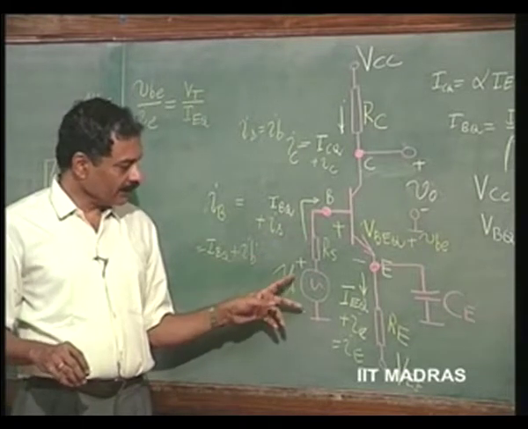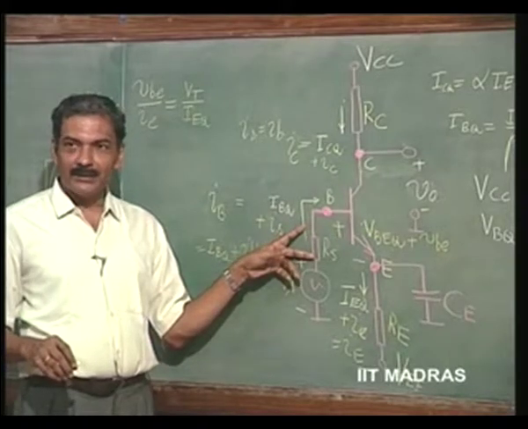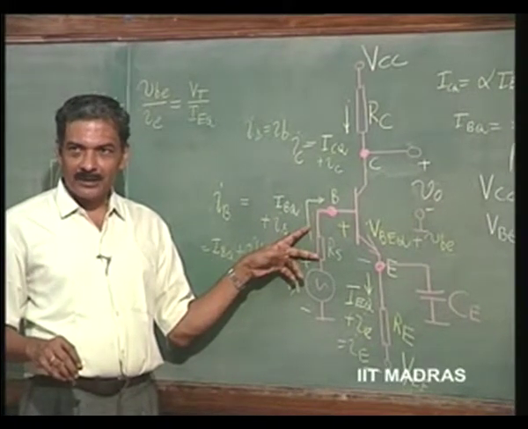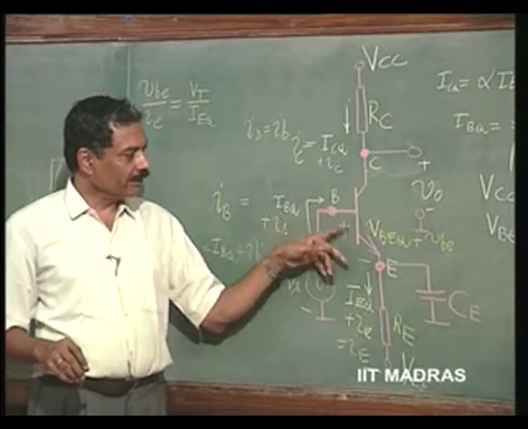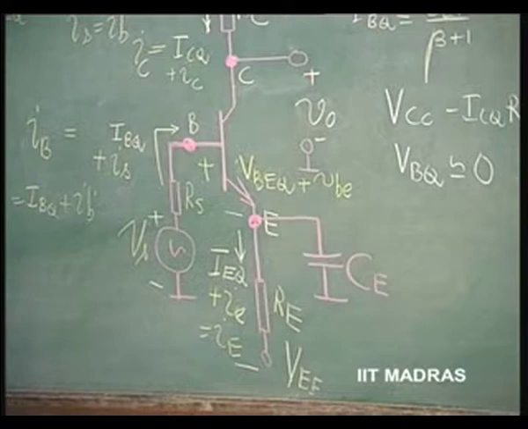Or we can just say that if this is Vs, there will be some drop here which is Is into Rs, and the rest of it is going to be dropped across the transistor, which is delta Vi or delta Vbe, which we have been calling it.